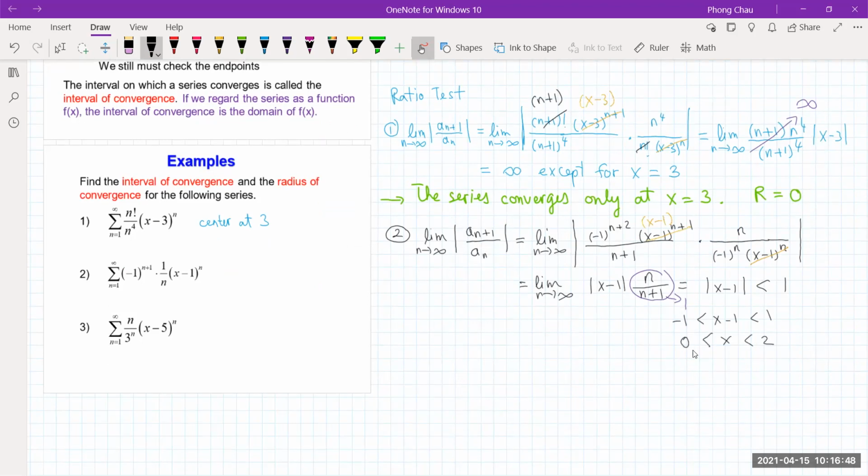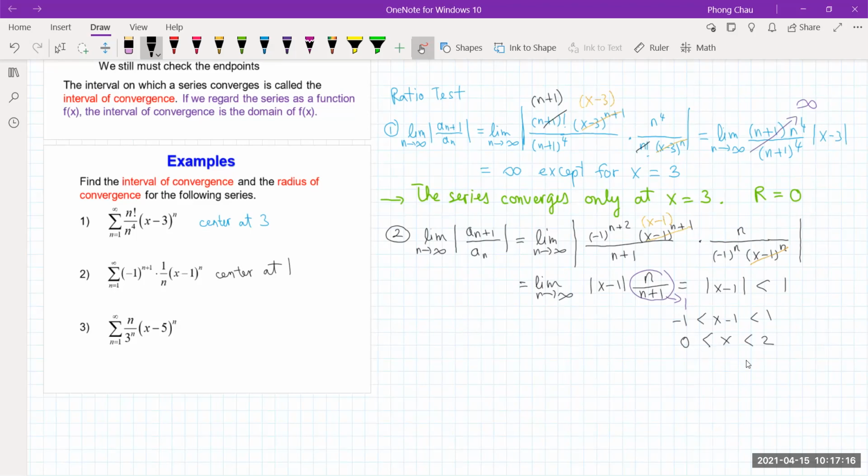By the way, I didn't say at the beginning, but you should again be able to tell this power series is centered at a equals 1. Now that is important because it helps you check your work when you solve this inequality.